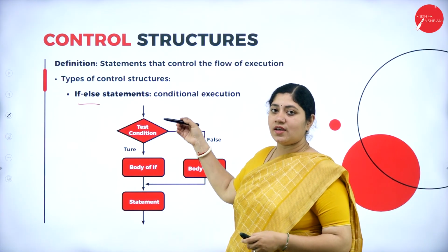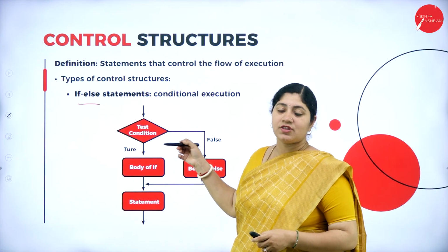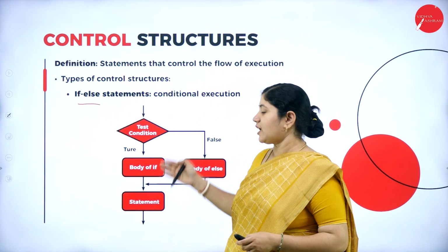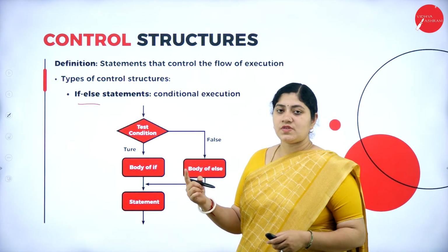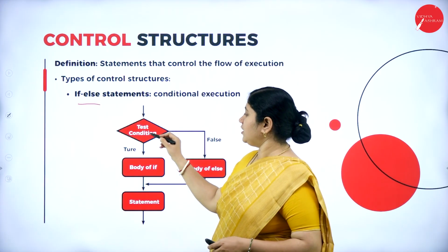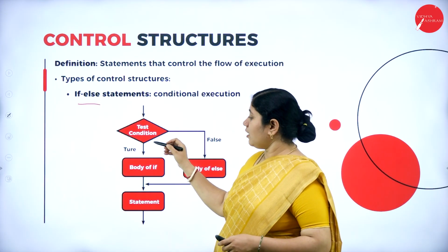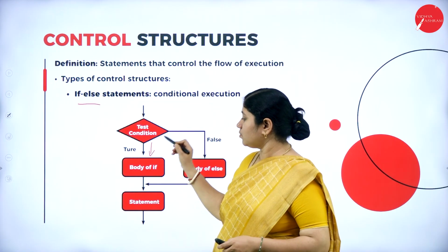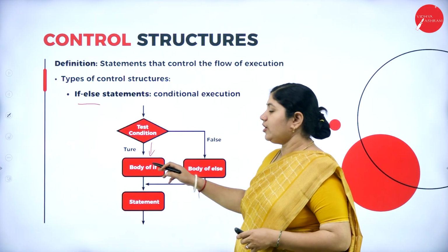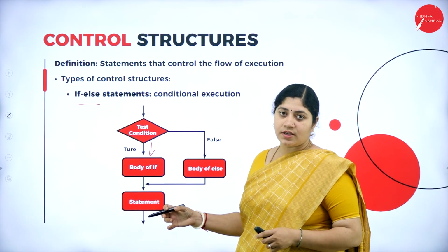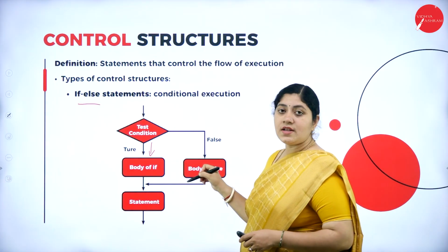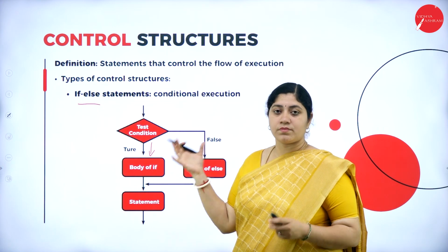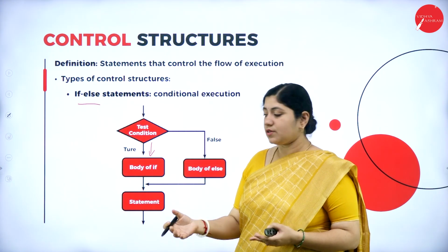Let's understand this if-else statement in a better way by using this algorithm. As it is a control statement, we will be having some condition for that. If my condition is true, then the body of if will be executed, and if this condition is false, then the else part of the program will be executed.